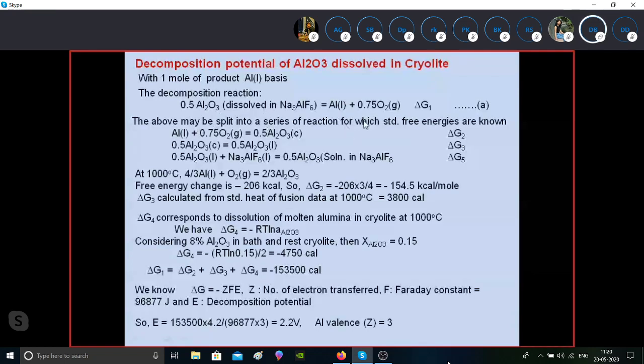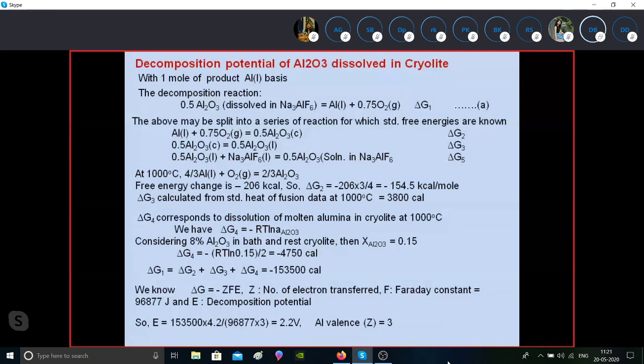But in reality, in the Hall-Héroult cell, we have carbon, graphite, as the electrode. Graphite is used as the anode. So what happens if graphite is there in conjunction with oxygen evolved? How does my decomposition potential change? That is what I am going to try.